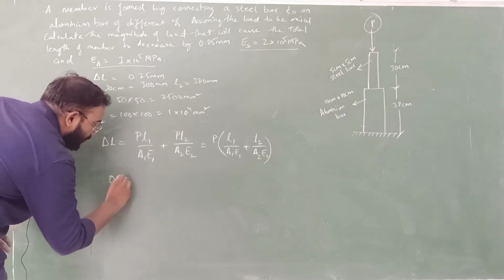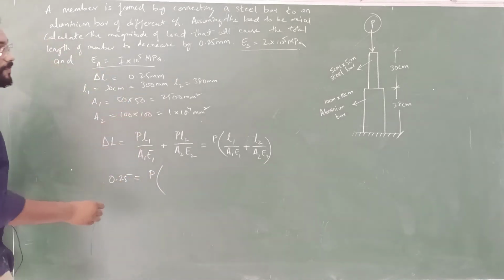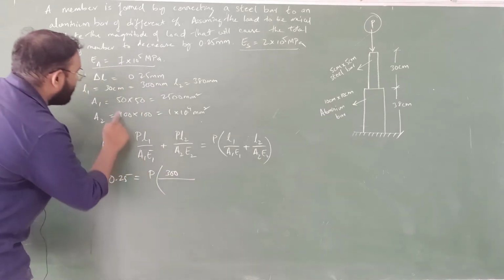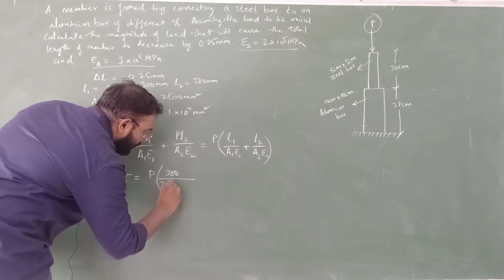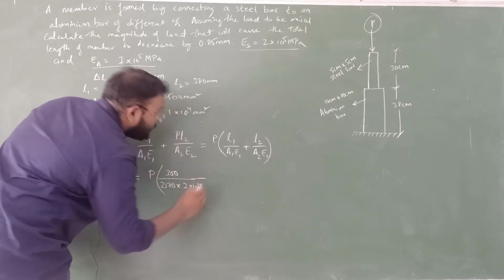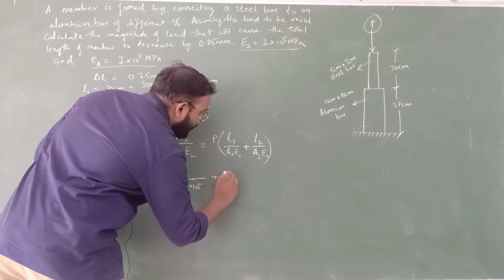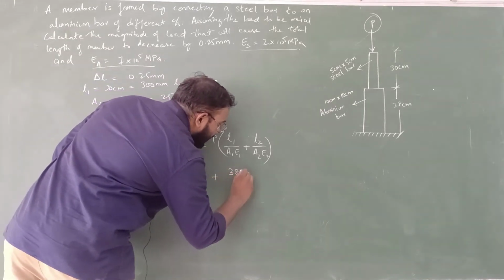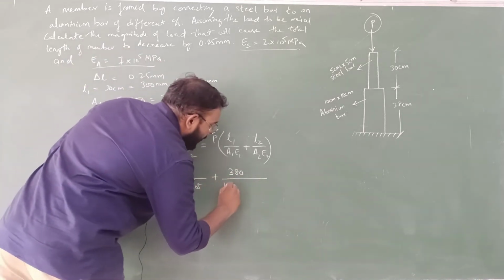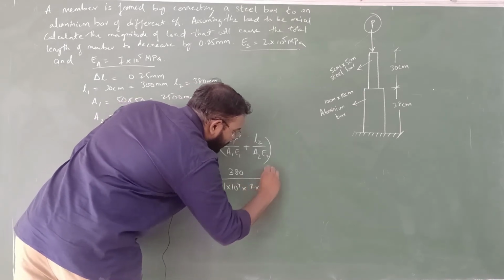Delta L is 0.25. This is equal to P multiplied by, what is L1? 300 divided by A1. A1 is 2500 into E1 is 2 × 10⁵. Okay, first is a steel bar. Now plus L2 is 380 divided by A2 is 1 × 10⁴ multiplied by 7 × 10⁴.